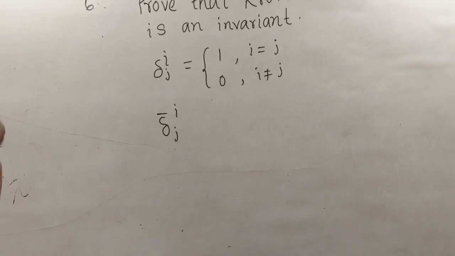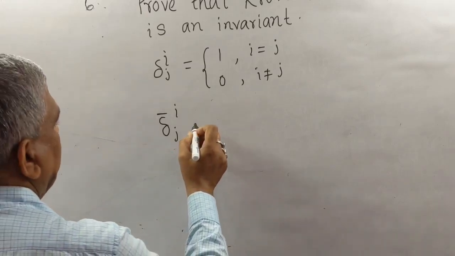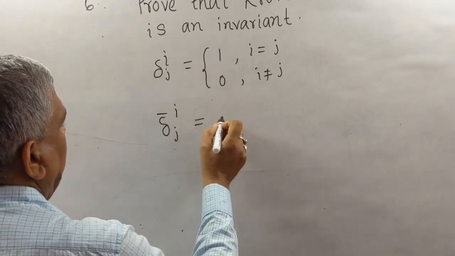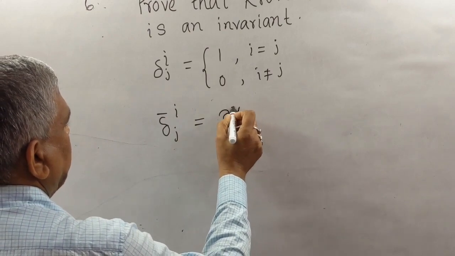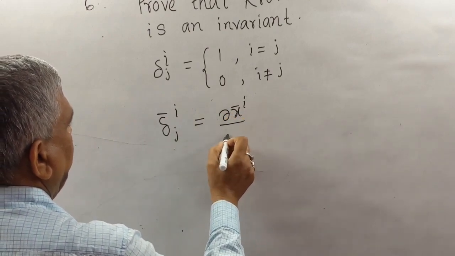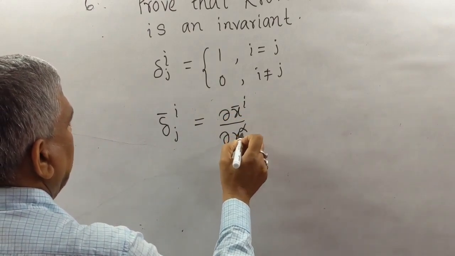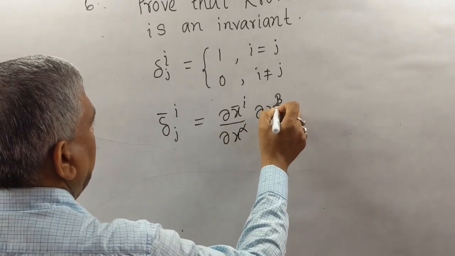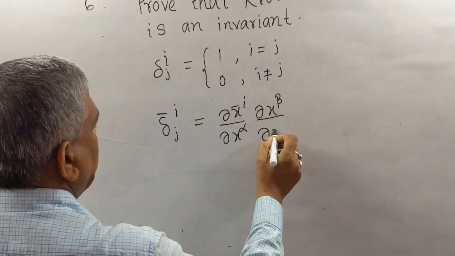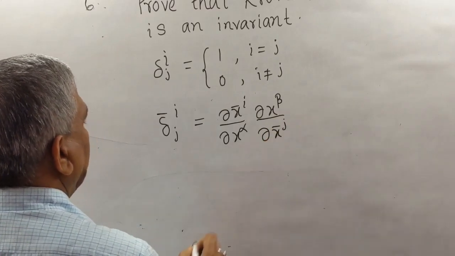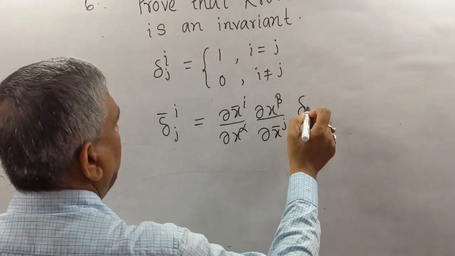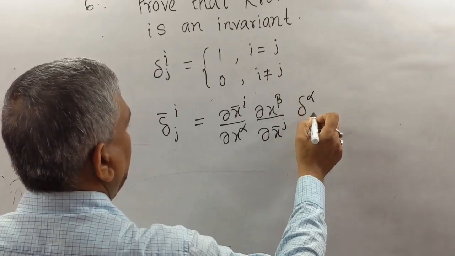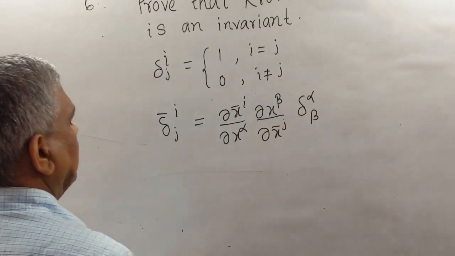According to the tensor law of transformation, this equals del x bar i by del x alpha, del x beta by del x bar j, delta alpha beta.